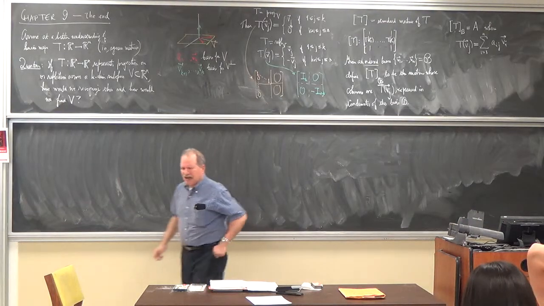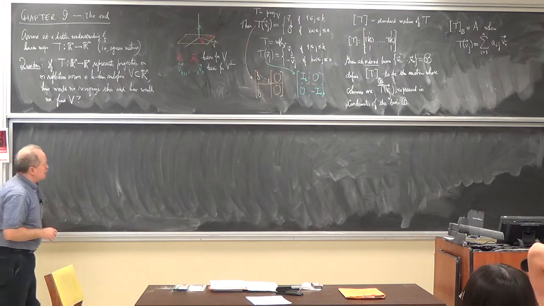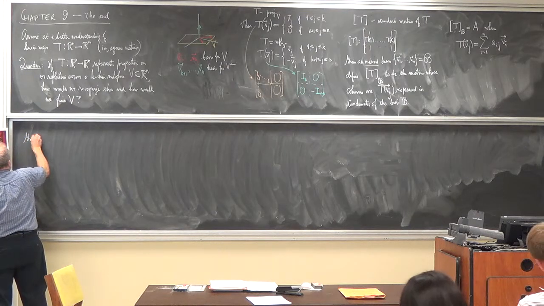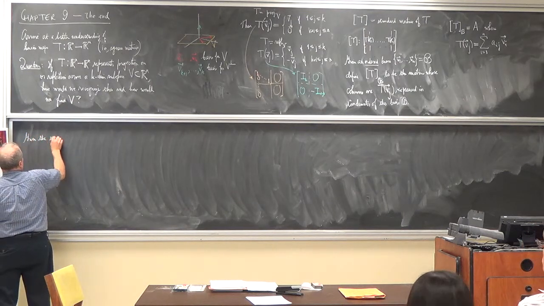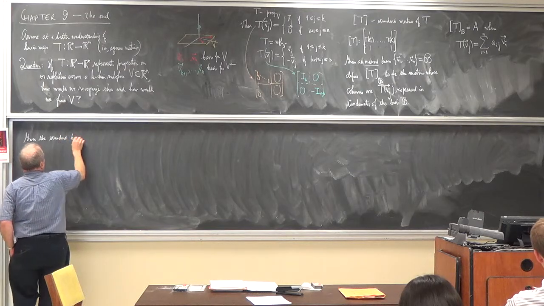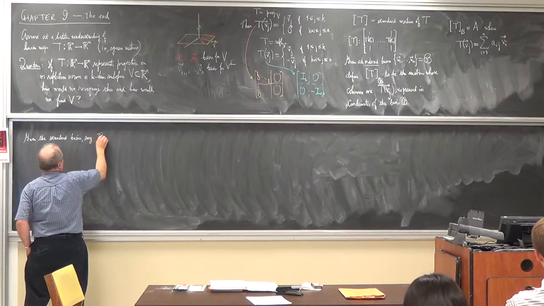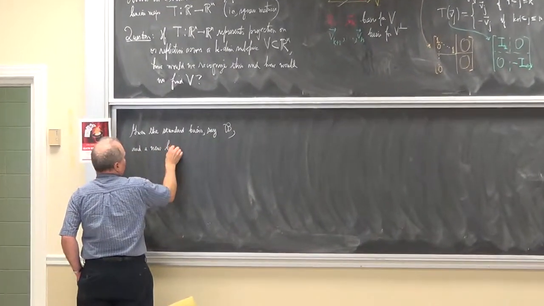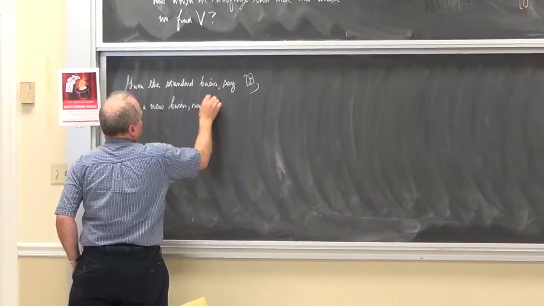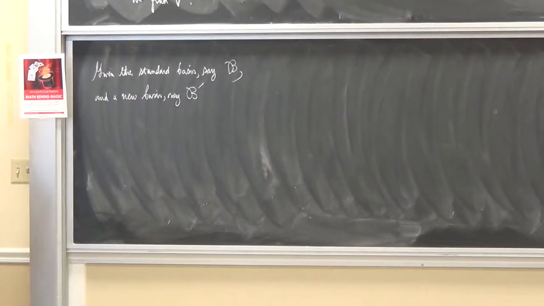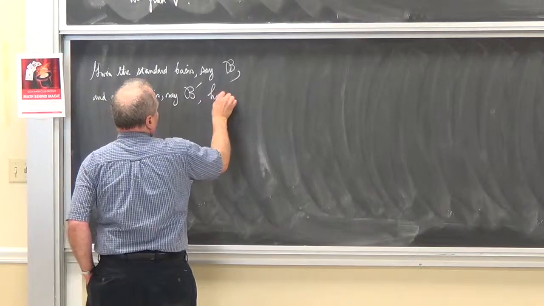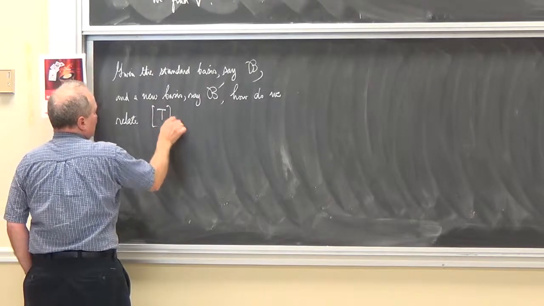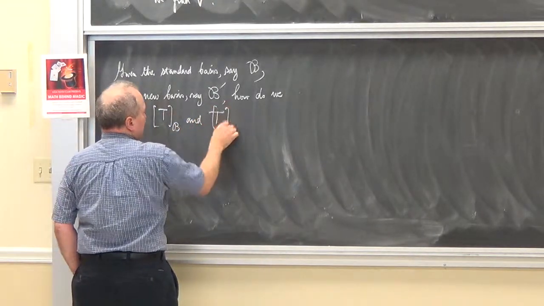so the book is going to do this slightly differently, but I think I'm going to do it the way I think ought to be slightly easier. So I'm going to say, given the standard basis, say script B, and a new basis, say B prime, how do we relate the matrices with respect to the two different bases?